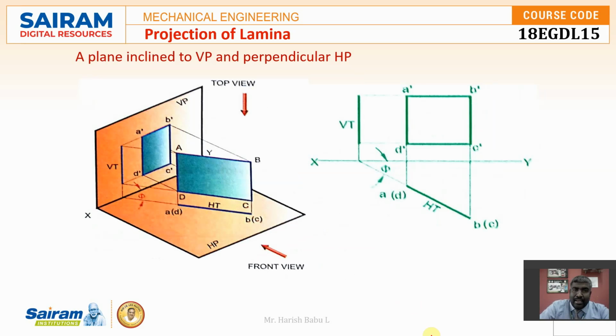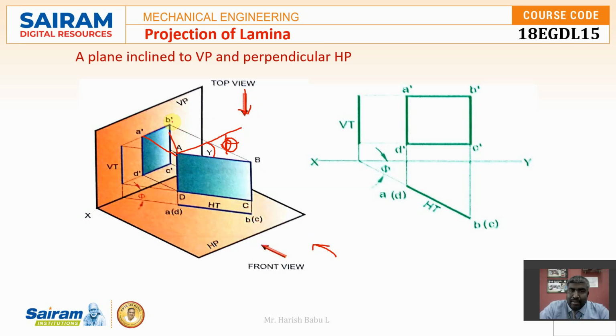Coming on to the next condition, a plane inclined to VP and perpendicular to HP. So in this case, the plane is kept like this, where it is inclined to VP with an angle of theta. So when I want to go for this inclination, I can see the values from the top view, whereas from the front view I can see only the distance between A and B, that will be projected over there.